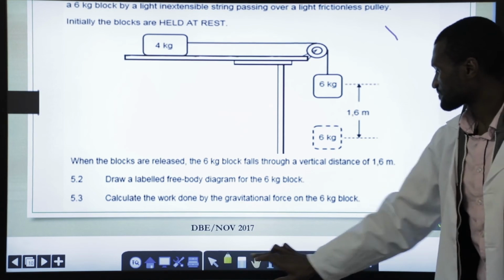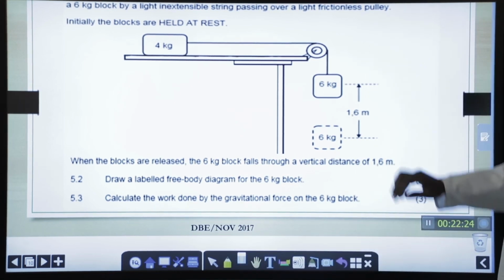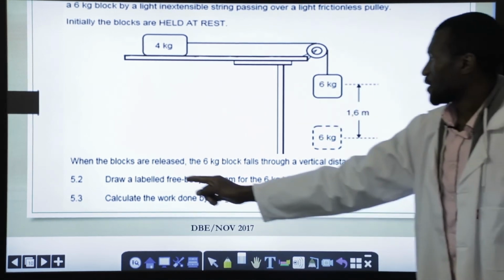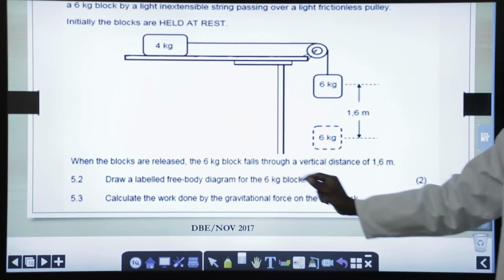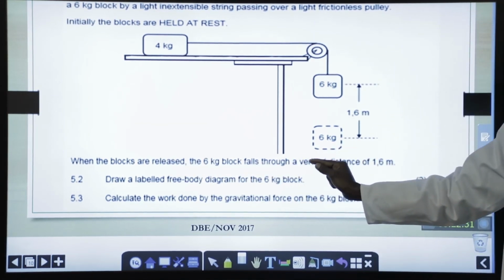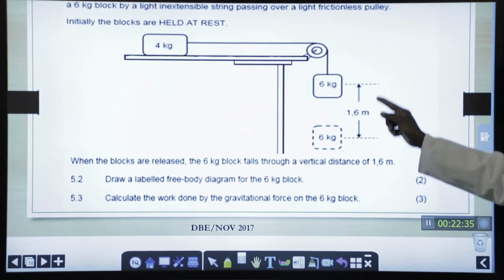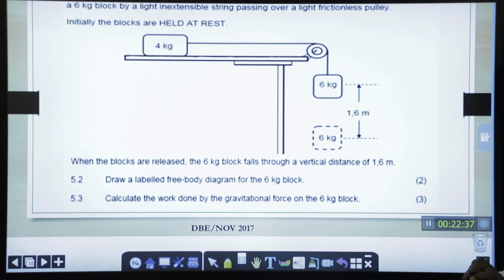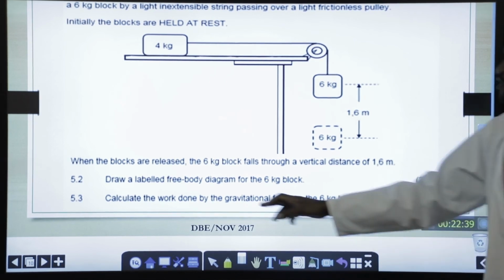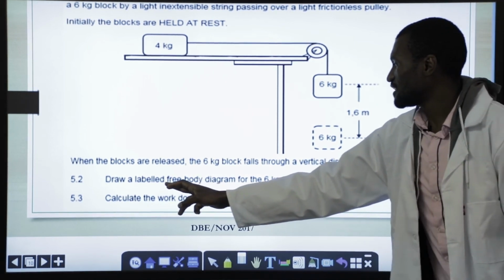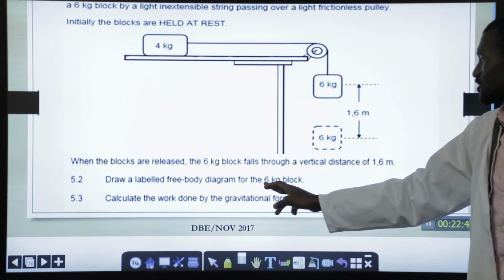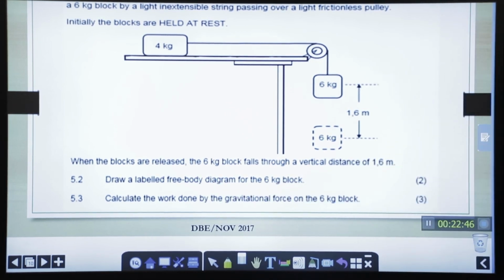Now, when the blocks are released, the 6 kg falls through a vertical distance of 1,6. As you can see in the diagram here. Draw and label a free body diagram for the 6 kg block.